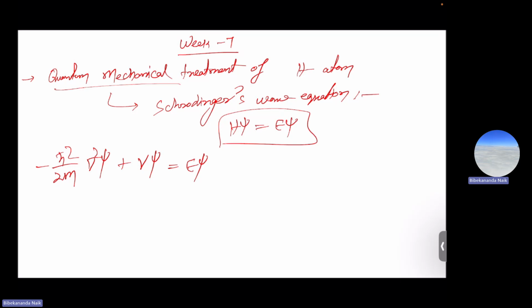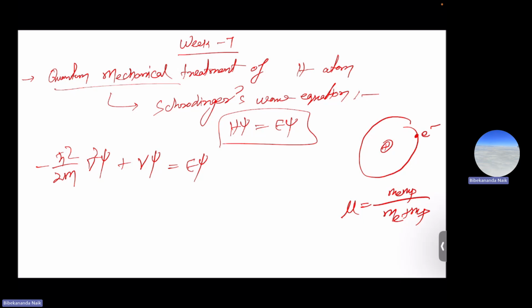But if you see the system of the hydrogen atom, it has one proton at the nucleus and one electron revolving around the nucleus in an orbit. So here we need to consider the reduced mass of the system. The reduced mass can be written as mu equals me mp divided by me plus mp.